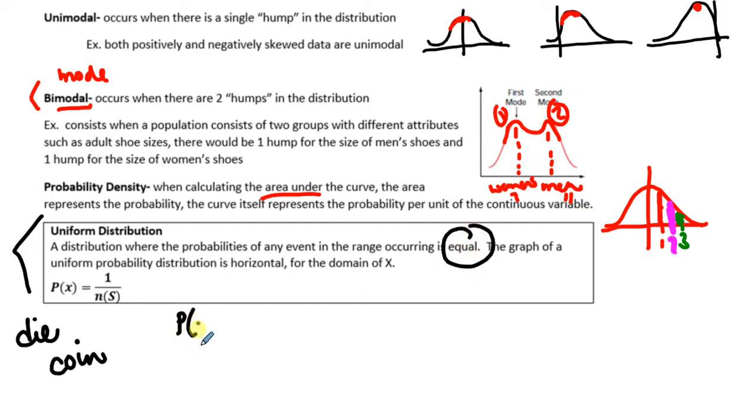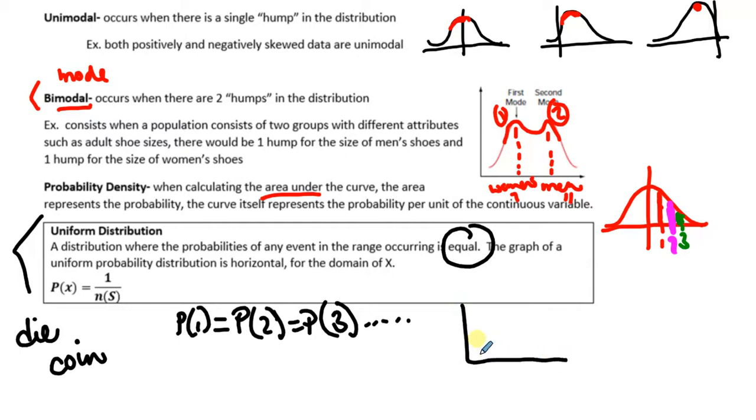So maybe the probability of rolling a 1 is going to be equivalent to the probability of rolling a 2, is going to be equivalent to the probability of rolling a 3, and so on. So when we take a look at the actual distribution, so 1, 2, 3, 4, 5, 6, just as an example, it's going to be uniform. It's going to be the same height. It's going to be 1/6 for every single row. Okay, so the probability is just 1 over all of the outcomes for each of the outcomes.